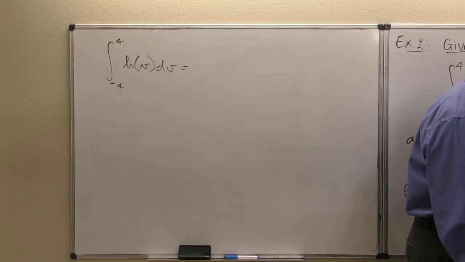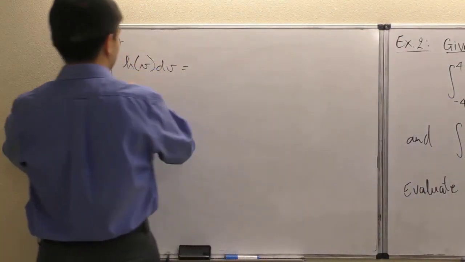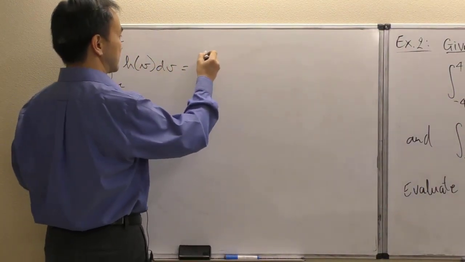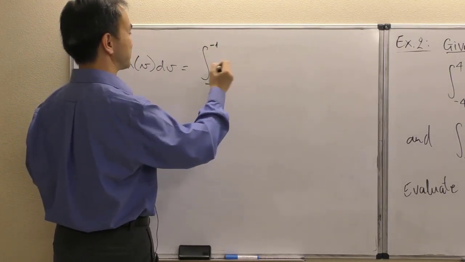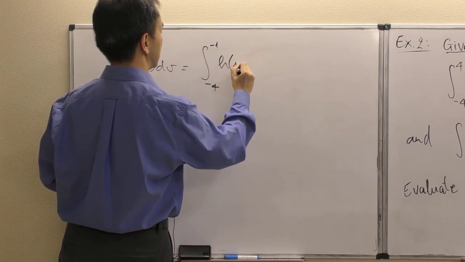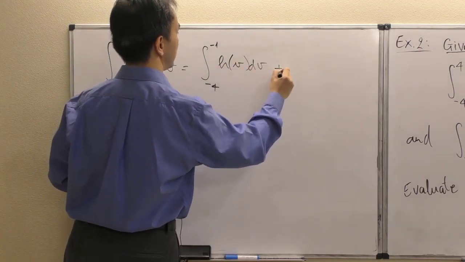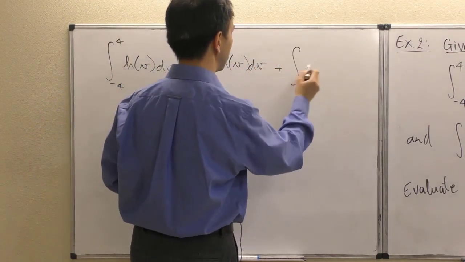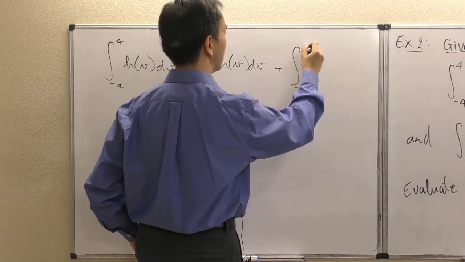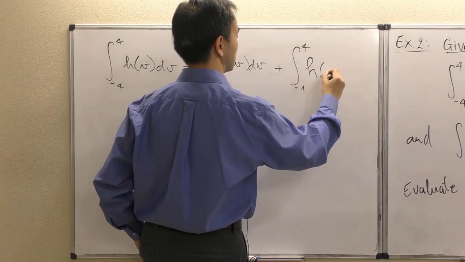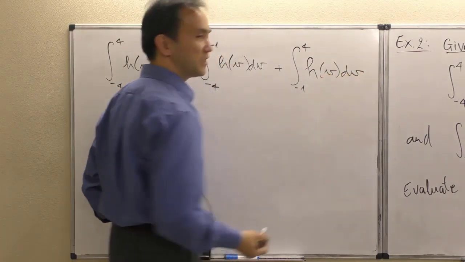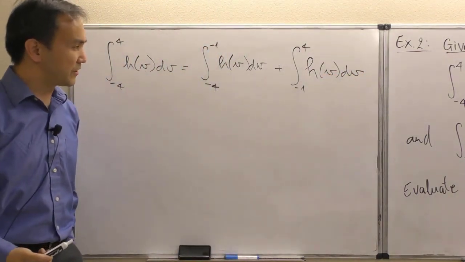And so this can be broken up as the integral from -4 to -1 of h of v dv, accumulated together with the integral from -1 to 4 of h of v dv.